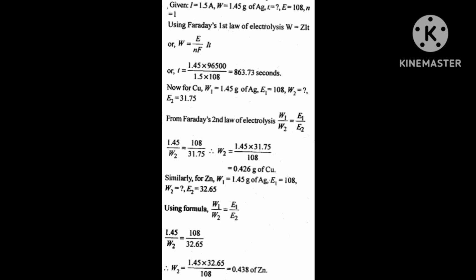Okay, then a possible reaction at the anode I am talking about is 2H2O. It will produce oxygen gas plus 4 hydrogen plus 4 electron. That you already know. Okay, and for this reaction 1.23 volt is required.